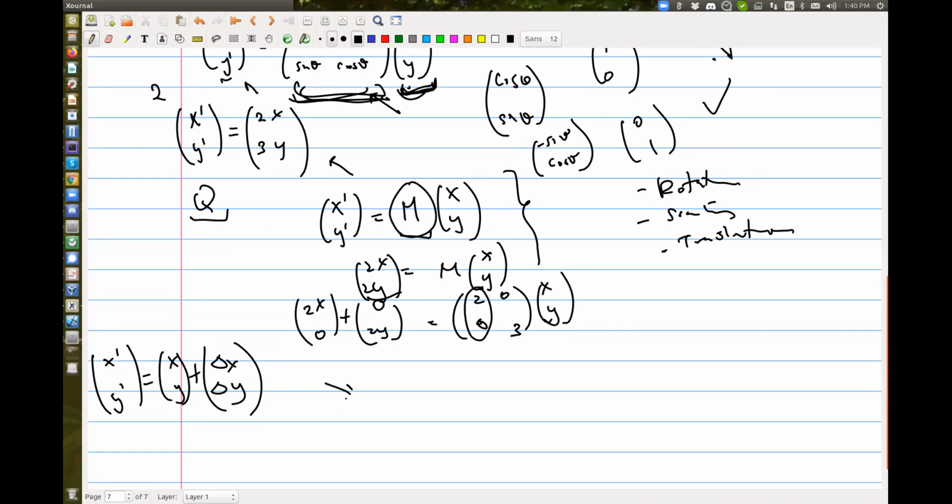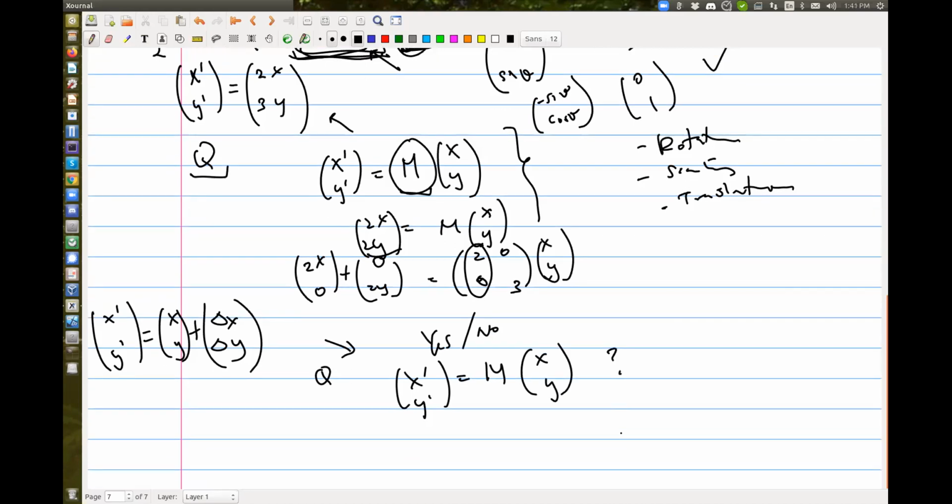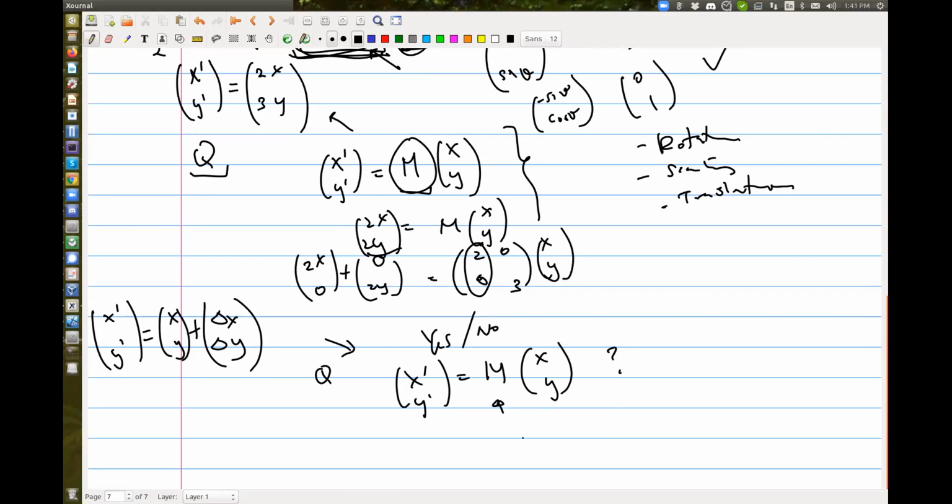Okay, can I do that? This would be a yes or no question now. Can I write x', y' equal to some matrix multiplied by x, y here? If so, what will be m here?